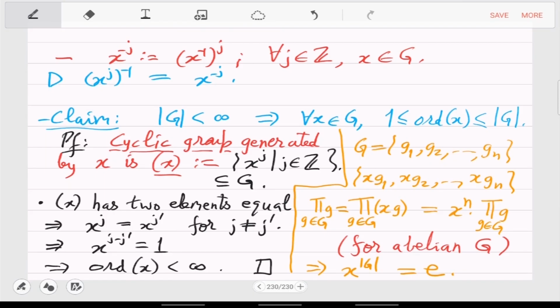So, as I promised before, we will actually show that orders are very special numbers. Not every number between 1 and the size of the group G is of interest.